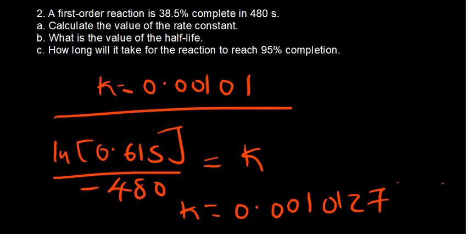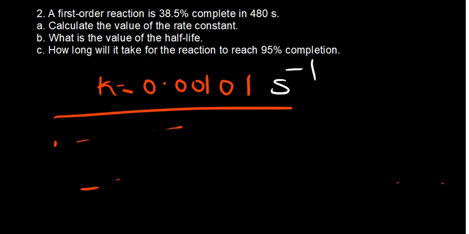Part B says, what is the value of the half-life? Remember, just before we present our value of k, we need to understand that every time you've been given a first order reaction, the unit for k is s to the negative 1. In a case where you've forgotten or you don't know how to determine it, I would advise you to go by the retro.